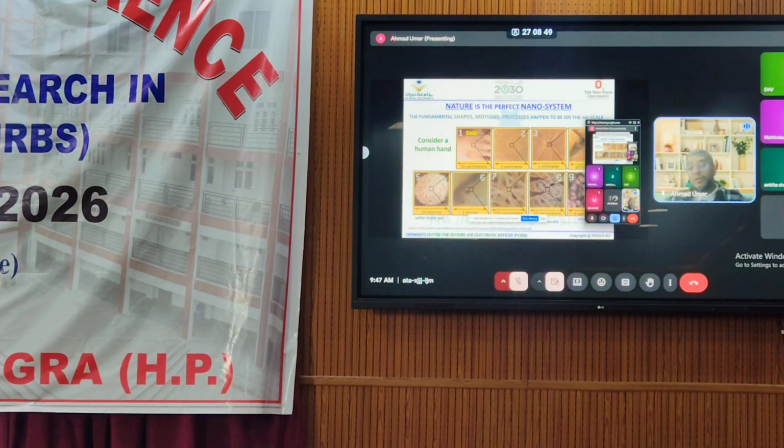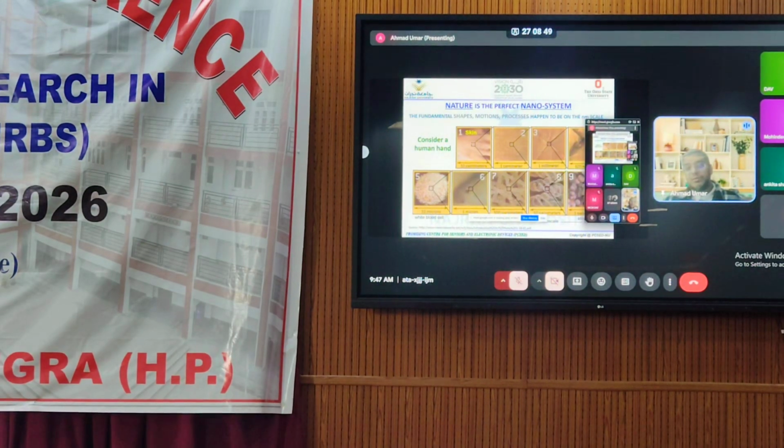Also, nano systems exist deeply in nature. For example, if you take a small part of the skin, about 10 centimeters, and go deeper and deeper, exploring in high resolution, you can reach about 10 microns and see white blood cells.